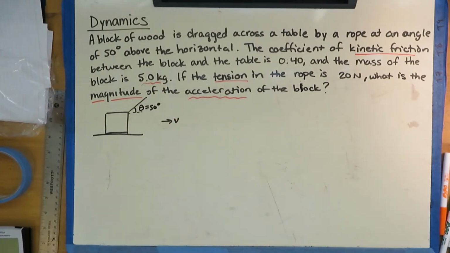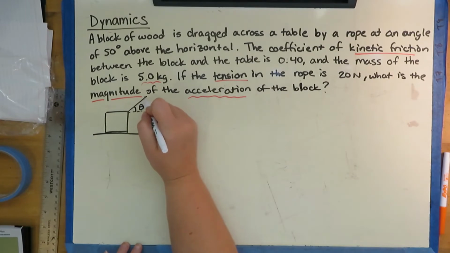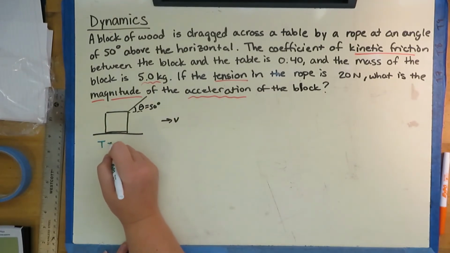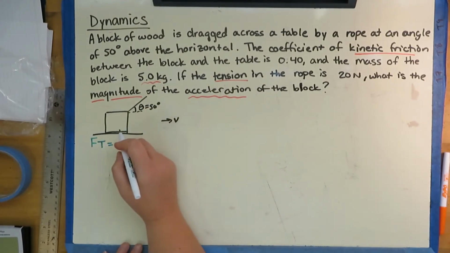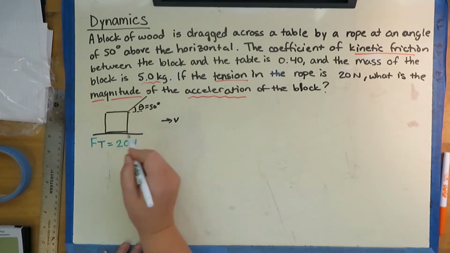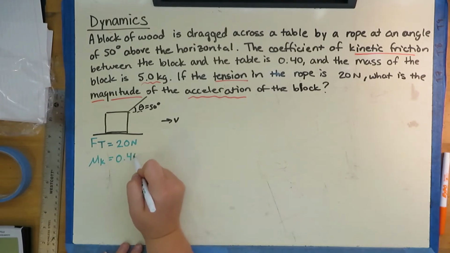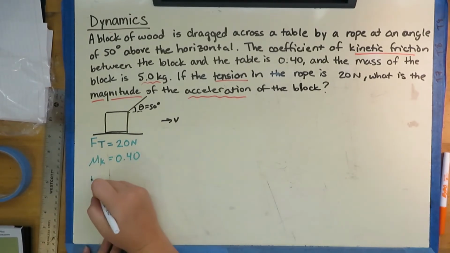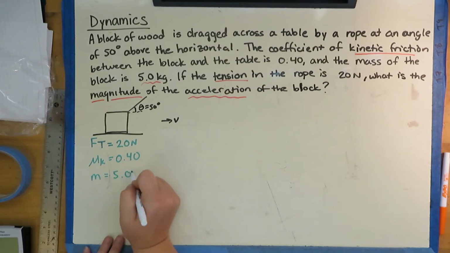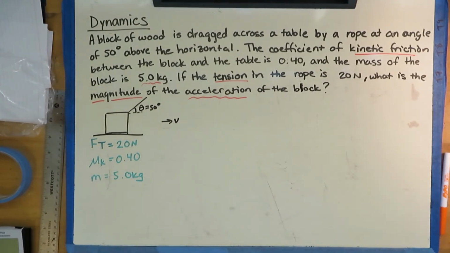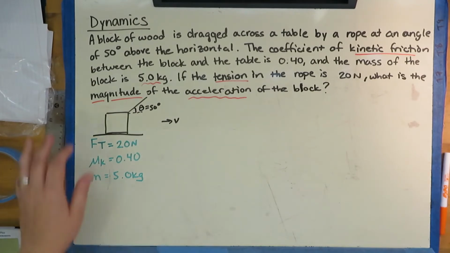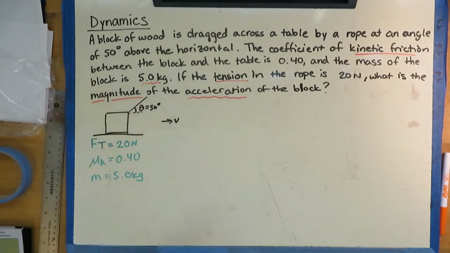I know I have a tension force equal to 20 newtons, my coefficient of kinetic friction is 0.40, and my mass is 5.0 kilograms. That is all part of reading the problem. Okay, I've read the problem and figured out what I know and what I don't know.